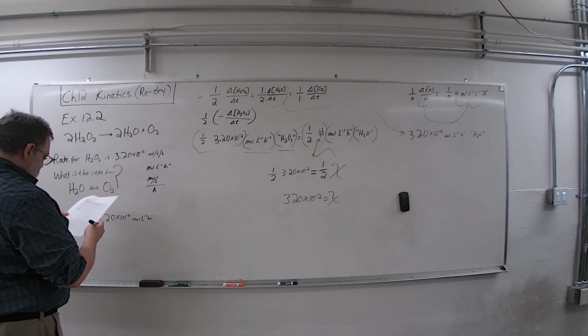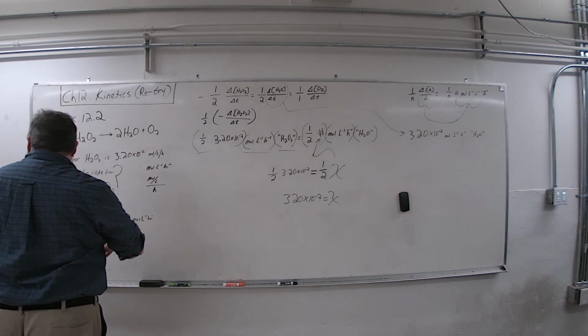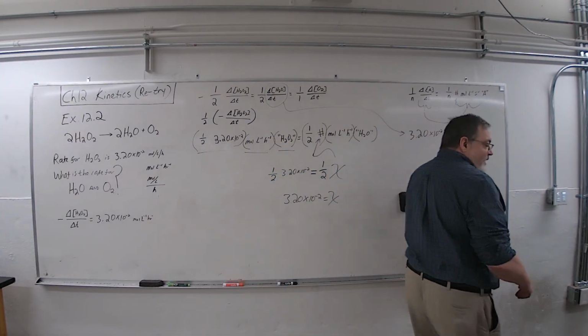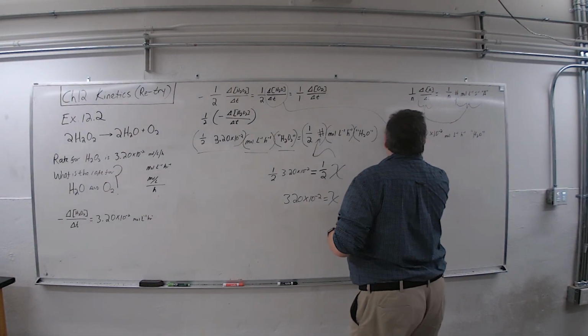You've got to check your learning one. I will always give you the equation. This check your learning one for 12.2 doesn't give you the equation. The equation is up there in the chapter.